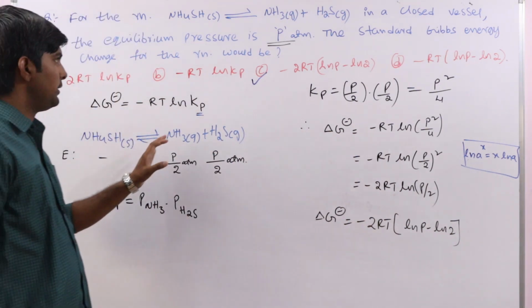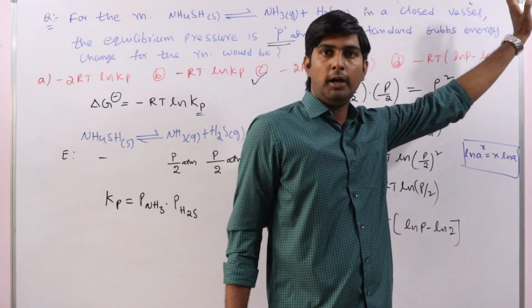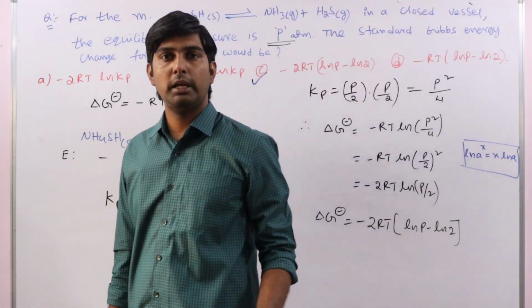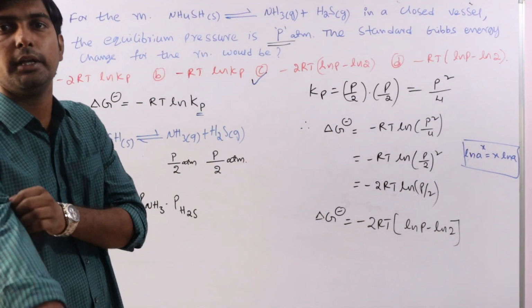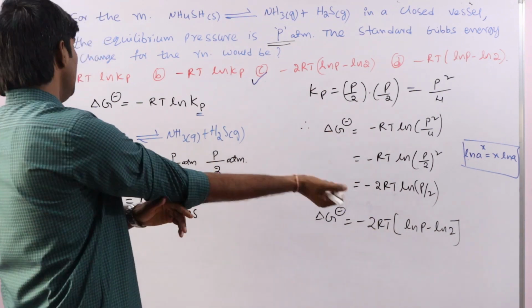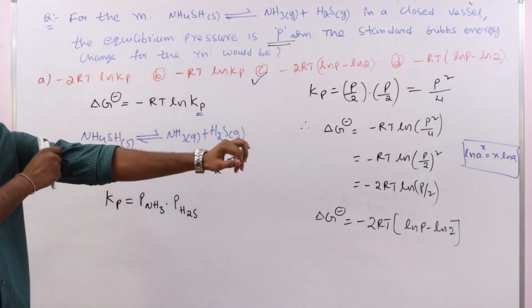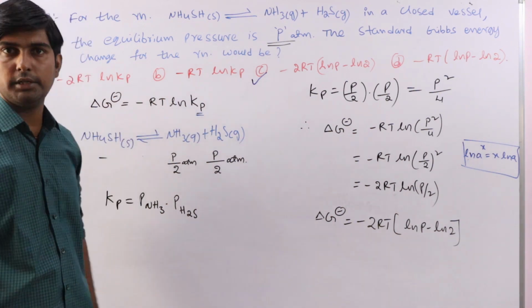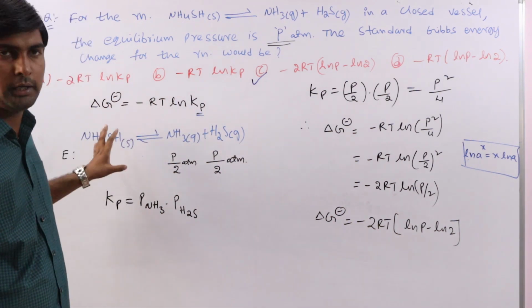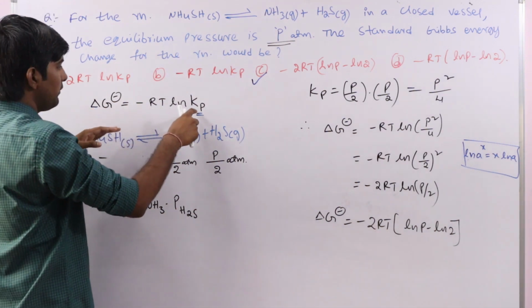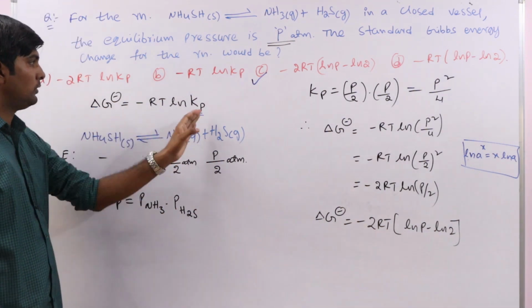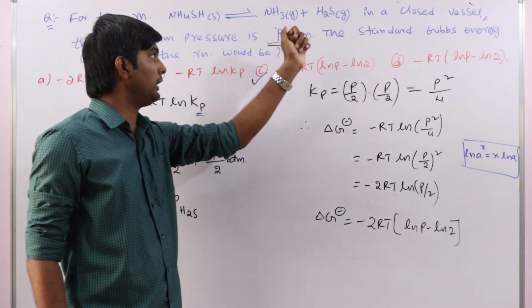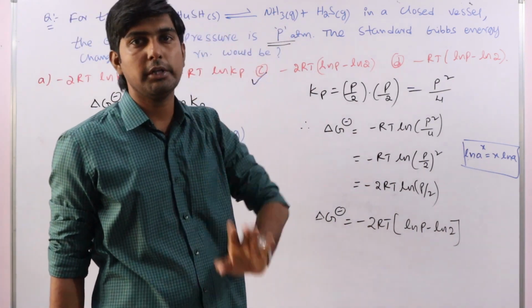Very simple. Whenever standard Gibbs energy and equilibrium constant are present in a problem, we have to use this relation, the only relation between equilibrium constant and standard free energy change that we have in chemistry. Kp is not given. They have given only one hint: the total pressure at equilibrium.